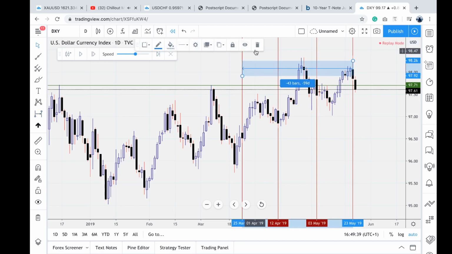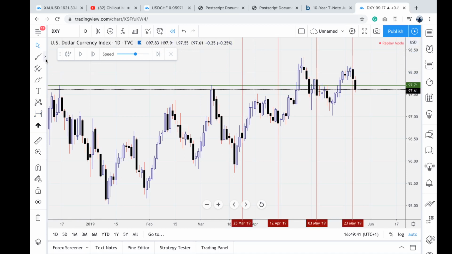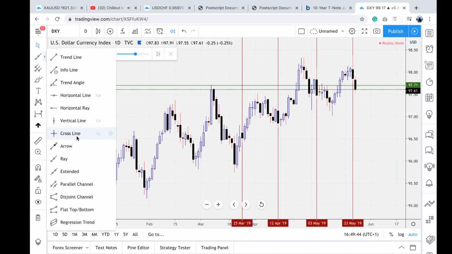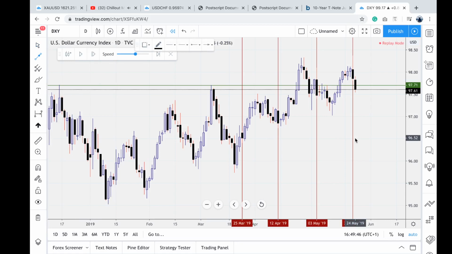So now we've identified IPDA ranges. All we then want to do is draw out an arrow to indicate the 20-day low. Okay, so this is our 20-day low.